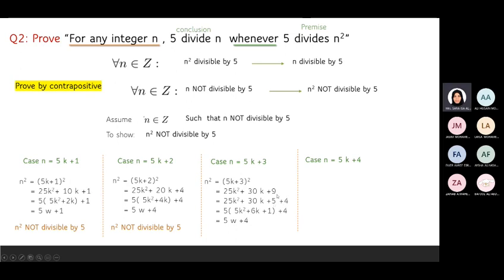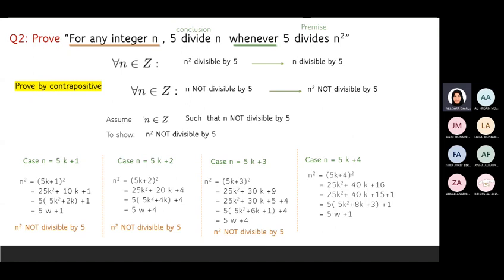Why 5 plus 4? Why not 6 plus 3? One of these numbers must be divisible by 5 so that I can take a common factor. I can take the 5 as a common factor, and the other one should be one of the possible remainders. So (5k plus 3) all squared gave me the form 5w plus 4. Again, not divisible by 5.